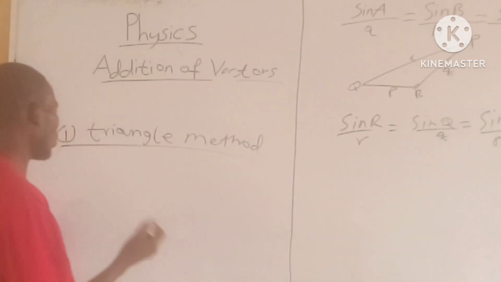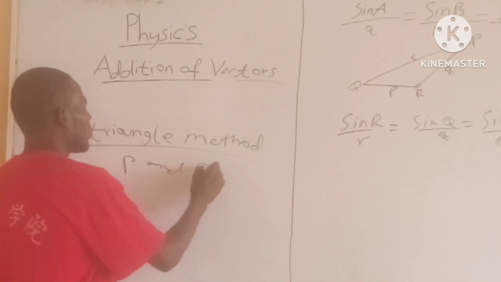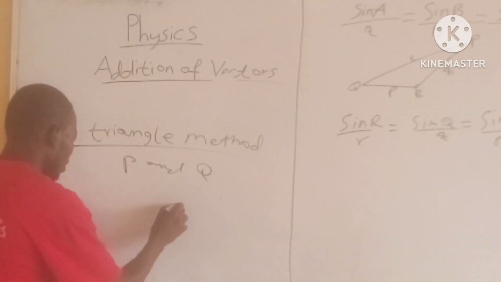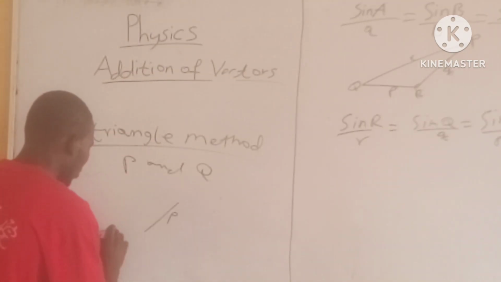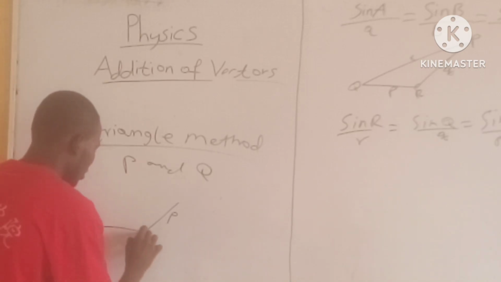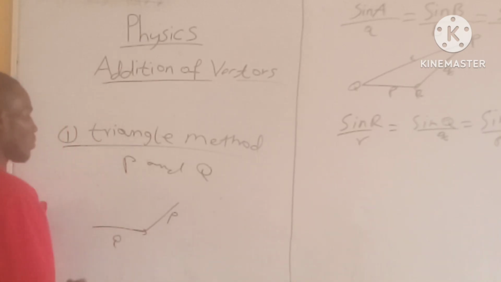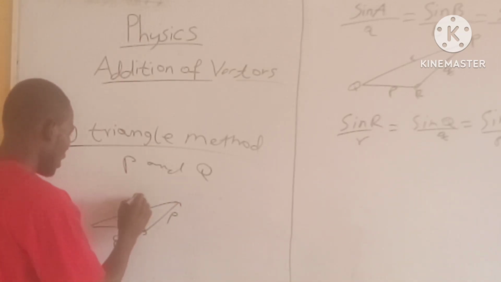If you have two vectors, P and Q, you present them in the form of a triangle. Let me say this is your P, and you have another one, this is your Q, and then this is the resultant R.